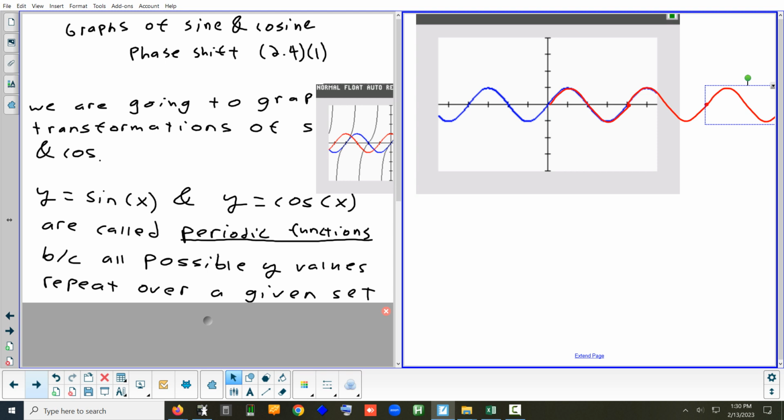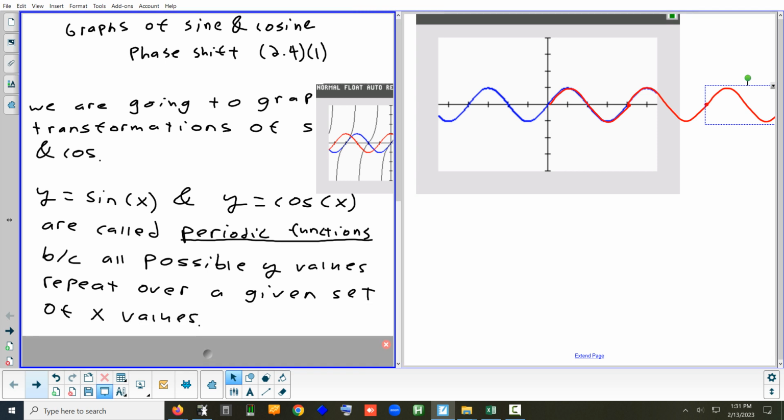I'm not naming every y value, but those are some of the important ones. So it just keeps repeating in that 1, 0, -1, 0 pattern forever to the right and to the left. So it's periodic because all the y values repeat over a given set of x values.